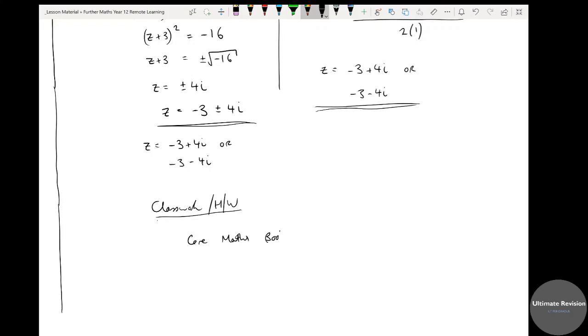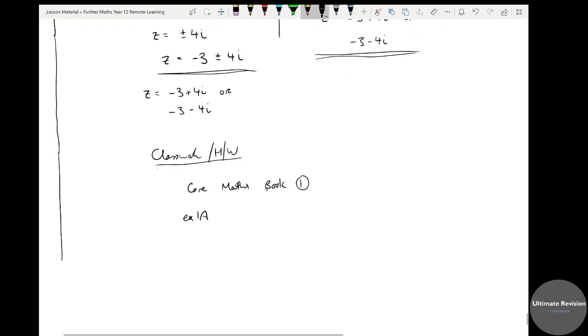I want you to do exercise 1A, but for questions 1 to 3, do alternate questions. So for instance, A, C, E. Then you do the whole of questions 4 to 8. They're not long questions. And then exercise 1B as well.